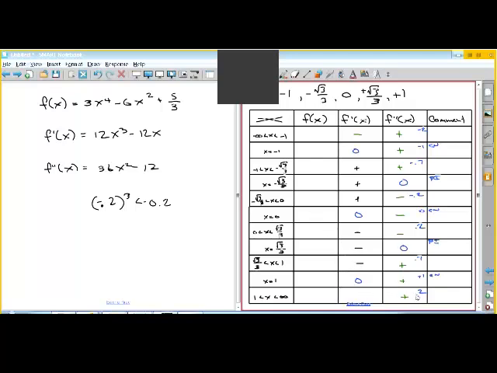You can just plug the number in if you want to. I'm just trying to do an order of magnitude. Likewise, put positive 2 in there, you'll get 8 times 12 minus 2 times 12. So obviously this is going to be bigger, and this is positive, and this is negative. So that's going to be positive. And it makes sense because it's changing across. Polynomials do that kind of thing. They change across the critical number.